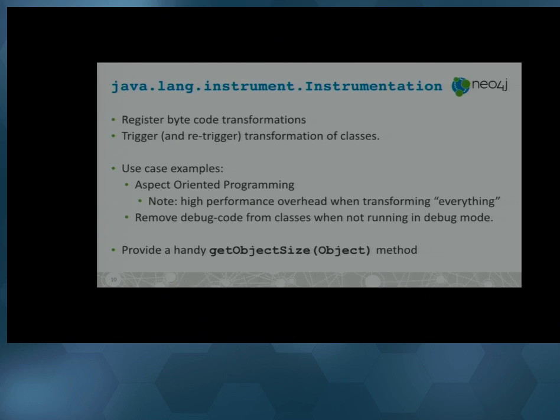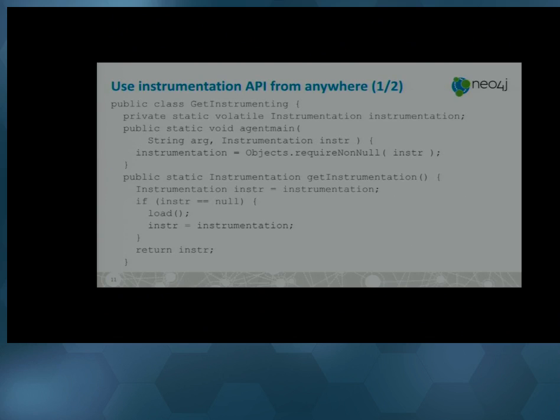Luckily, you can deploy an agent from the same JVM into the same JVM while it's running, and then via a static field somewhere, give yourself access to the instrumentation instance. So you simply write an agent class like this. I've compressed this heavily to fit it on two slides.